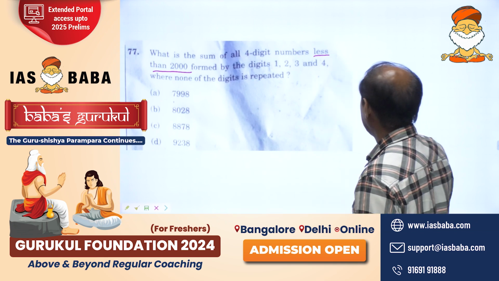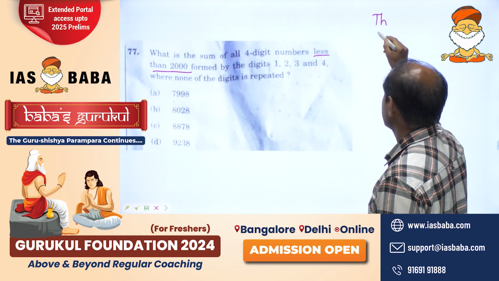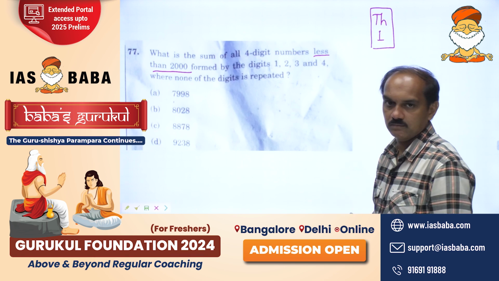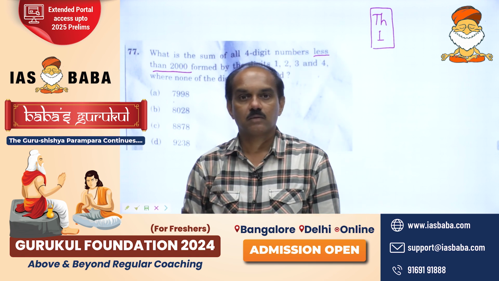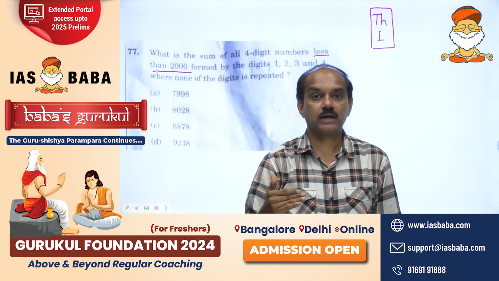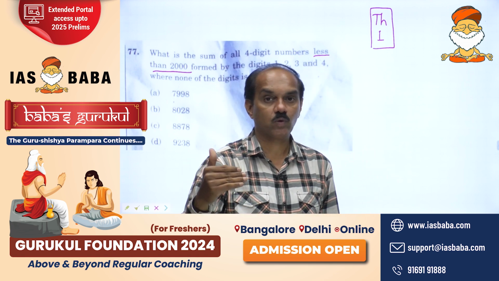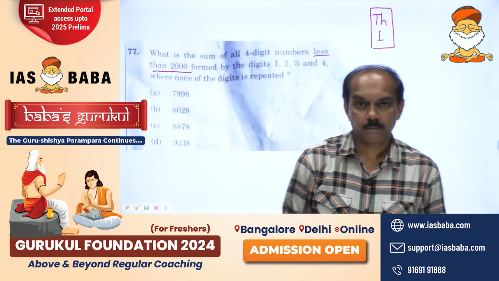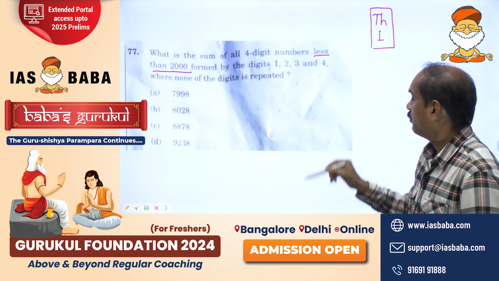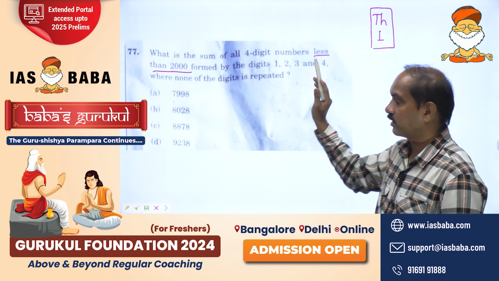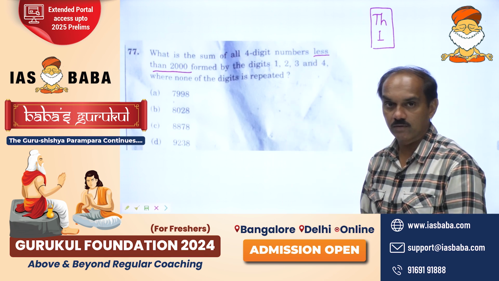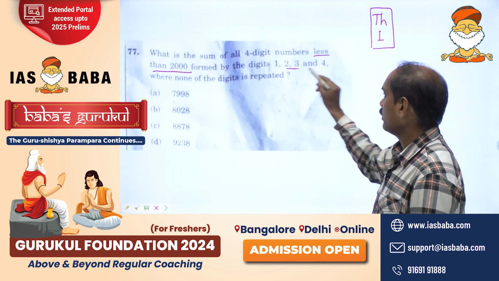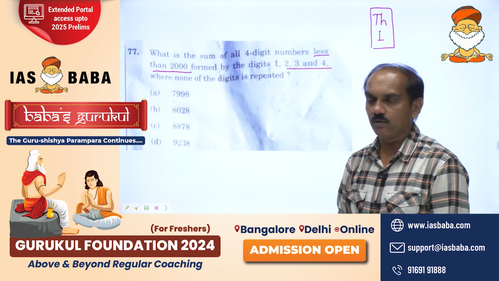It only goes to say that the 1000th place 1 is fixed, undoubtedly. Only then you will get numbers which are less than 2000, not more than 2000 or 3000 or 4000. So the 1000 place 1 is fixed. Now you are left with only these 3 digits, 2, 3, 4.